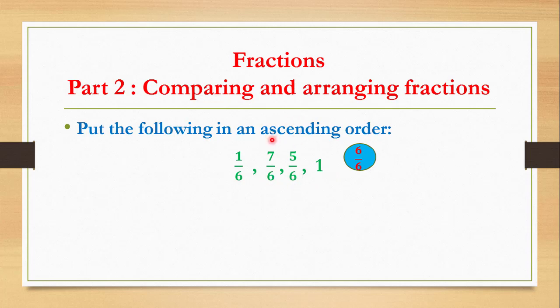Start from the smallest one. We have 1, 7, 5, 6. So 1, this is the first, 5, then 6, then 7. So 1 over 6, 5 over 6, and 6 over 6, which is 1. Don't write 6 over 6. Write the original here, 1. Okay? And 7 over 6 is the greatest one.